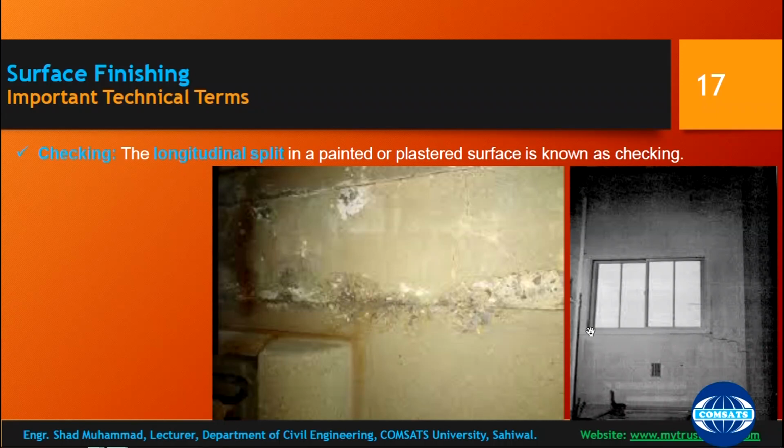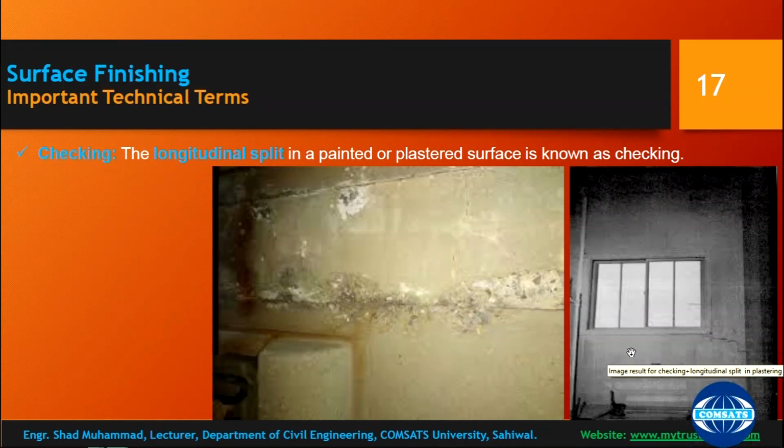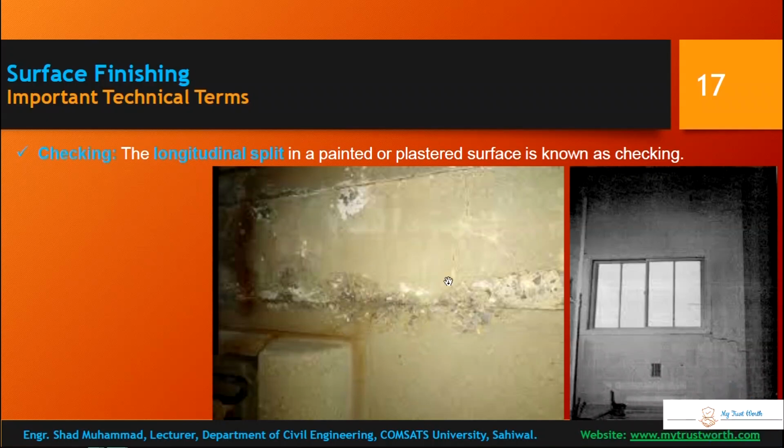At the sill beam, you can see that there is a gap formed, and this gap is called checking. Sometimes it is intentionally created outside the building, just to know where the building's RCC ends and where brickwork starts. This is the differentiating line between beam, RCC and brickwork, so that for future interventions you can remove this wall with accuracy.